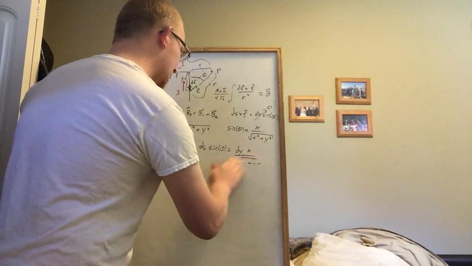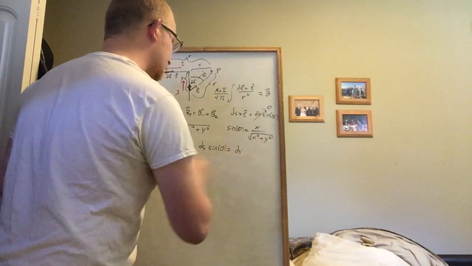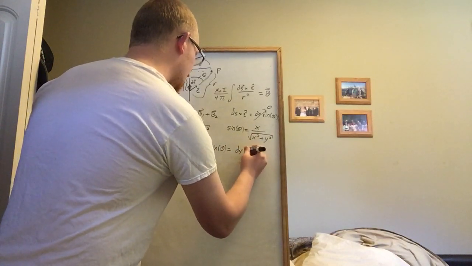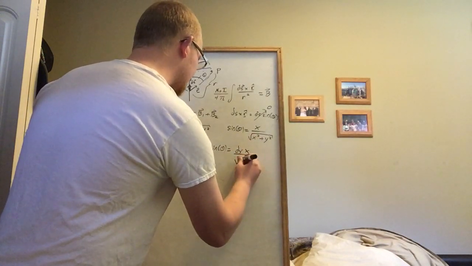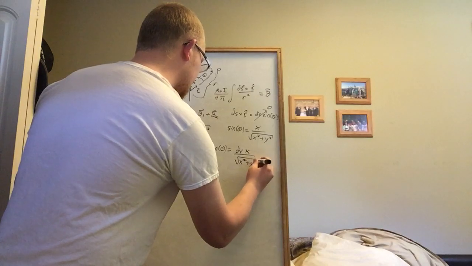So let's plug this all in there. dy times x over the square root of x squared plus y squared.